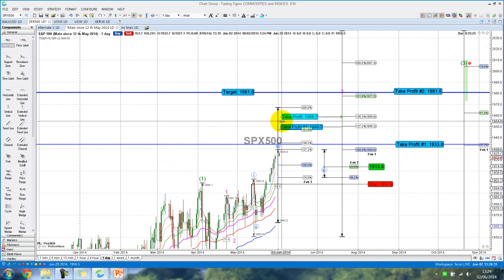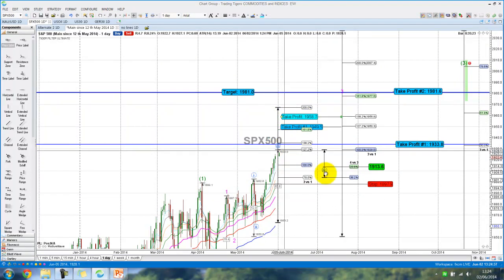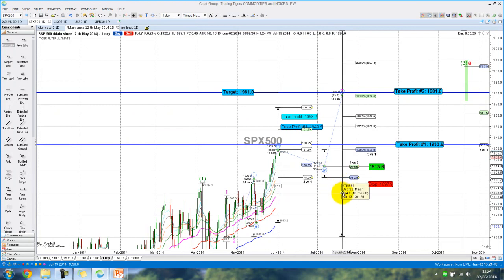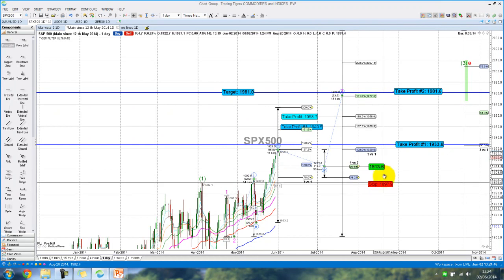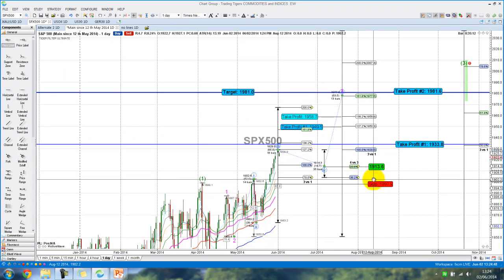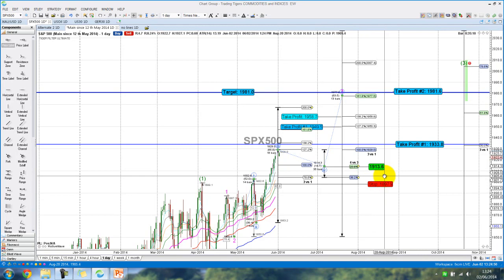Okay, so what we're going to do, we're looking for a pullback, right, at the 23.6 level. Our stop level is 1897. Our entry is at 1913.6.